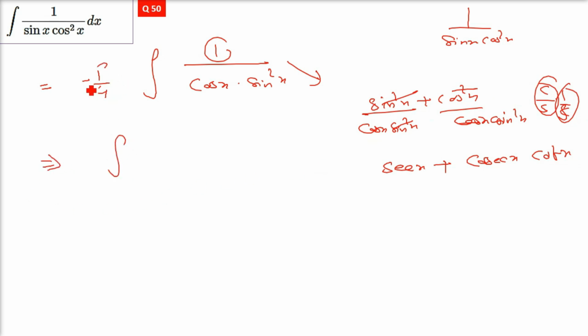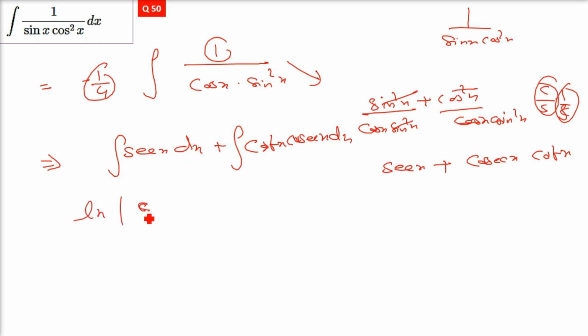So negative 1 by 4 will remain, and we have to integrate these two terms. Sec x has a direct integration: ln modulus of sec x plus tan x. Modulus means absolute; only the positive will come inside.